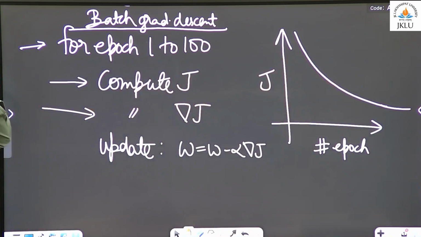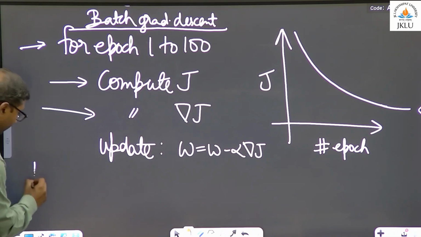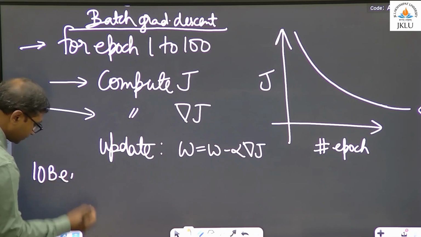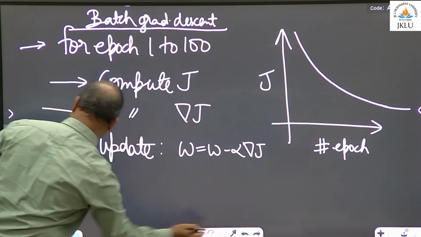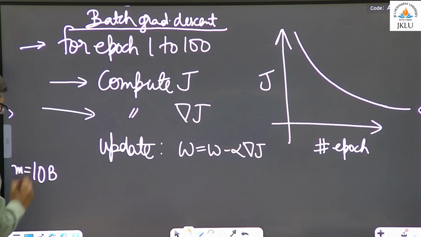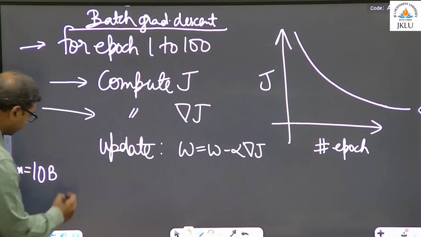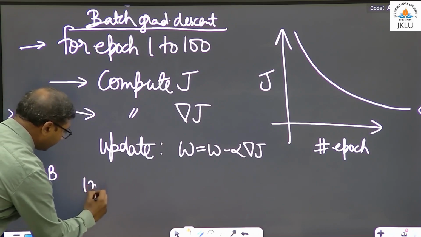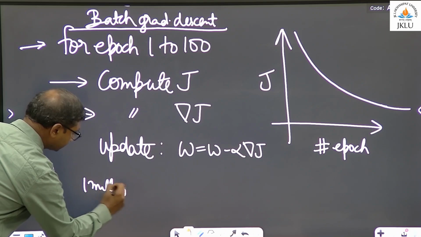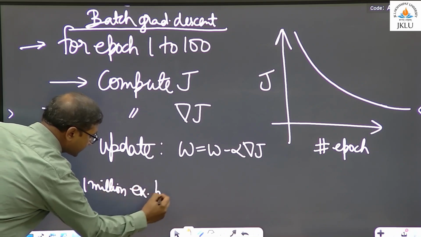Now, let's say you have 10 billion examples, so your M is 10 billion, and let's say you are running at something like 1 million examples per second.